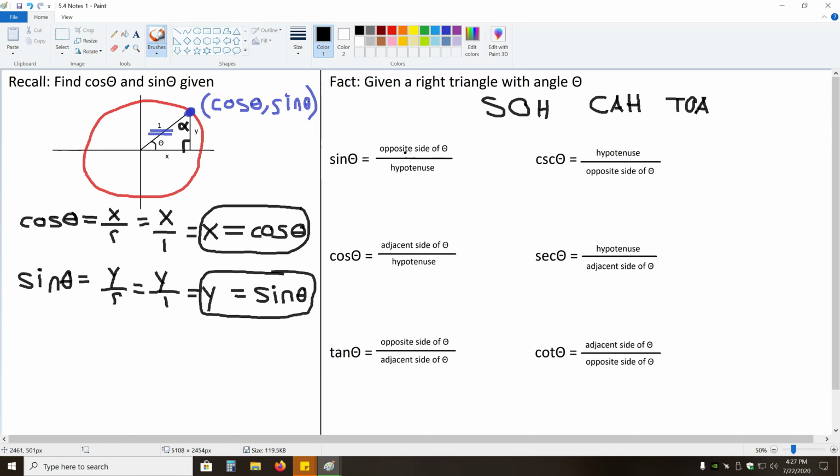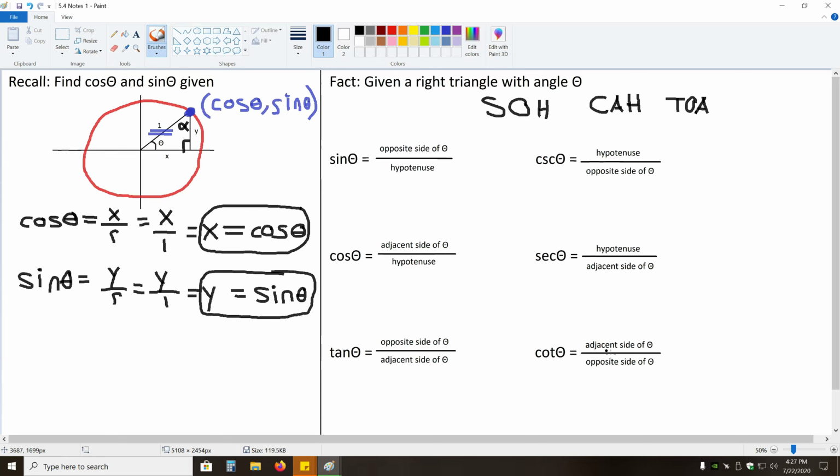Sine of theta equals the opposite side of theta divided by the hypotenuse. Cosine is equal to the adjacent side of theta, hence CA, divided by the hypotenuse as well. And tangent is equal to the opposite of theta divided by the adjacent of theta, just like we have here.